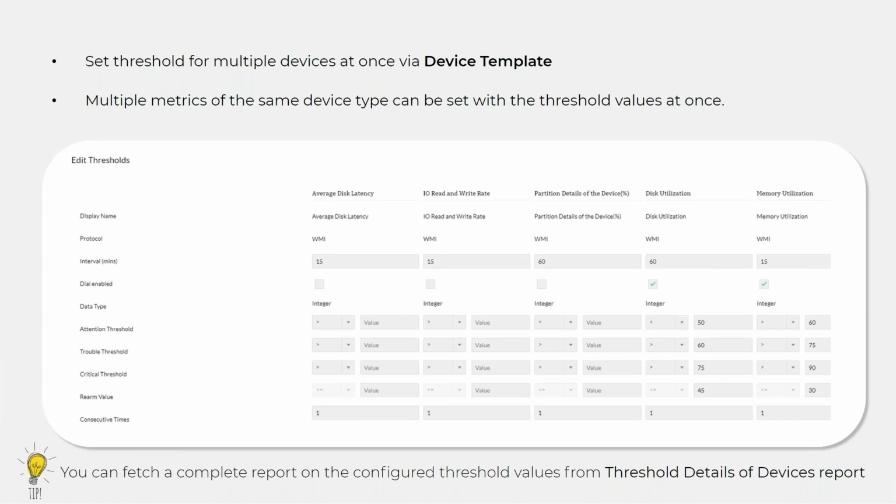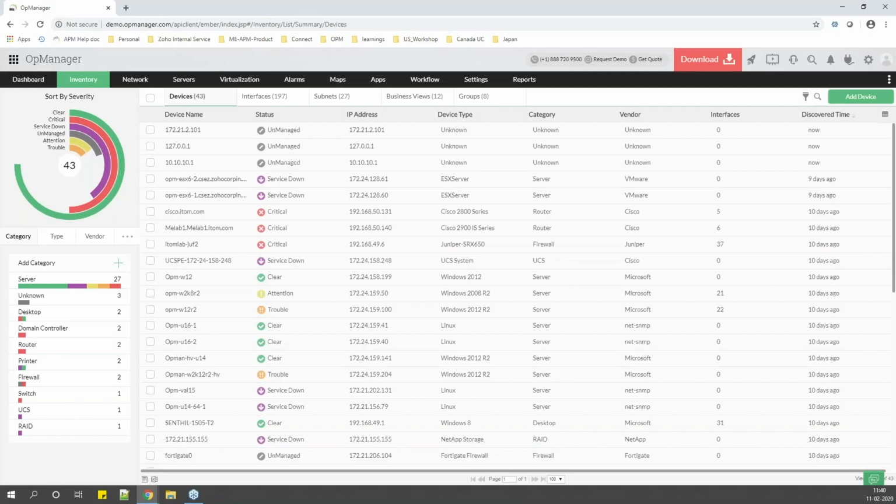Now, let me switch to the product UI and show you the various options that we have. So here it is. This is our inventory tab, where you are able to see the devices, interfaces, the business views that you have created, and groups that you have created in the UI.